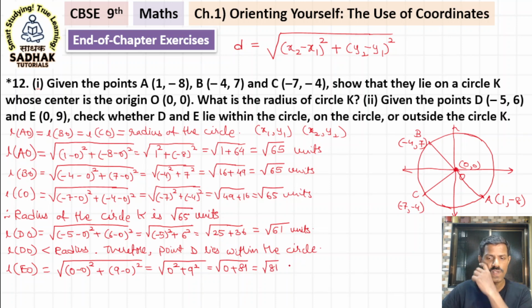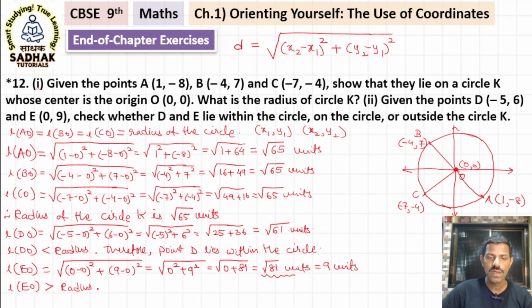Actually, we know that square root of 81 is 9, so that is 9 units. But because the radius is given in square root, we will also consider this as square root of 81. So here we can see that the length of EO is greater than the radius of the circle. The radius of the circle is square root of 65 units and EO is square root of 81 units.